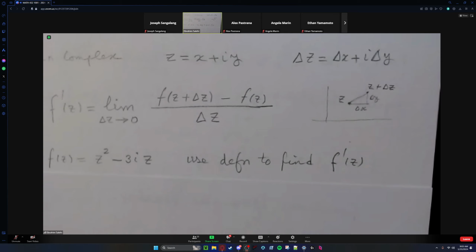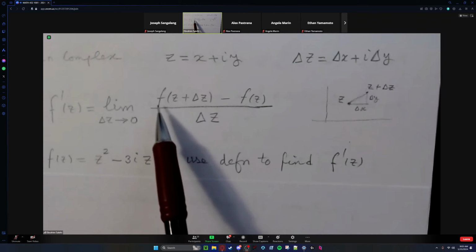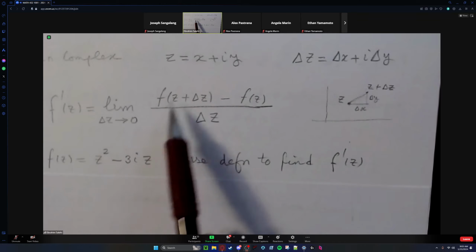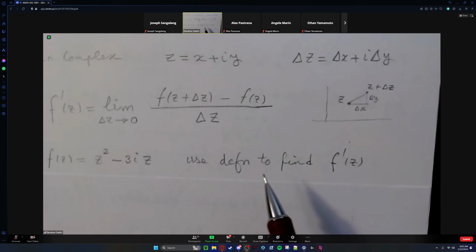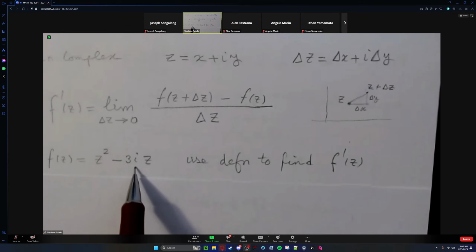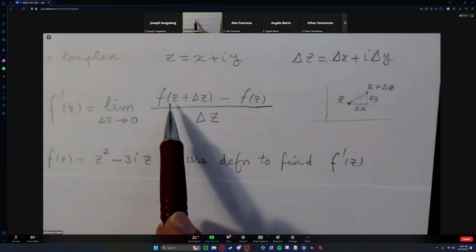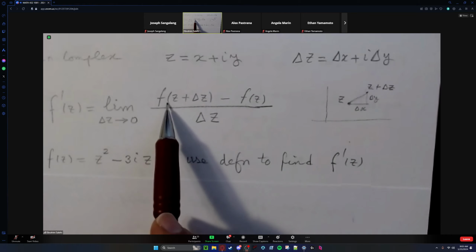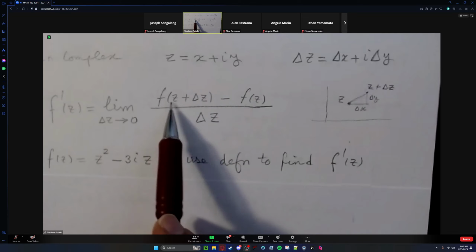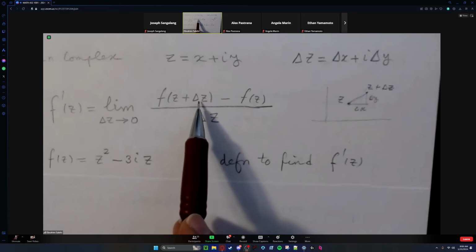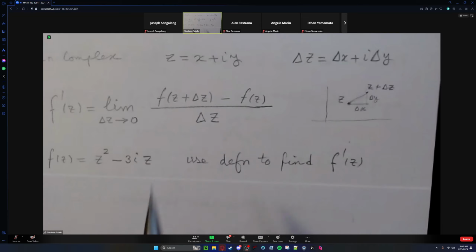By using the definition, I mean using this fraction, simplifying it, and then taking the limit. Just follow this example. Here is f of z. What do I need? In this quotient, I need f of z plus delta z, which means you replace z by z plus delta z.